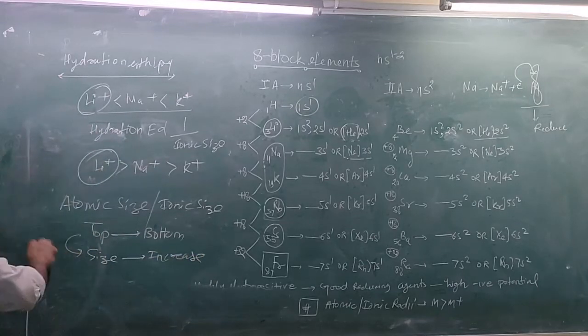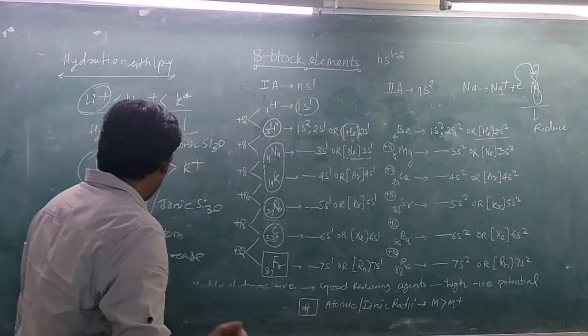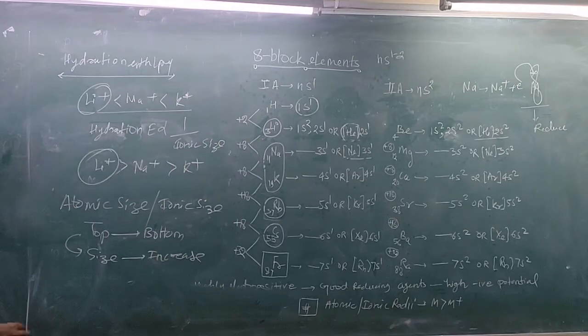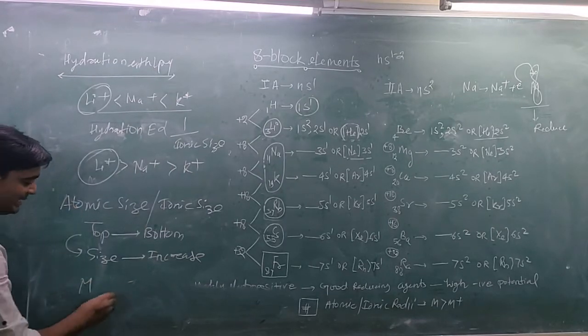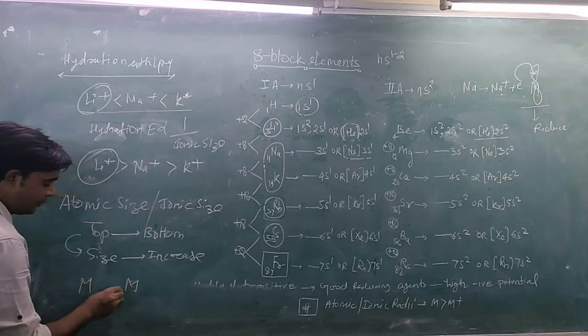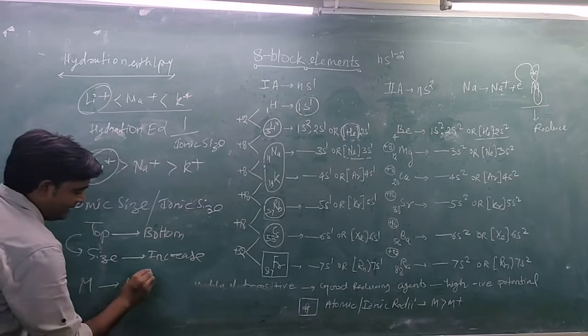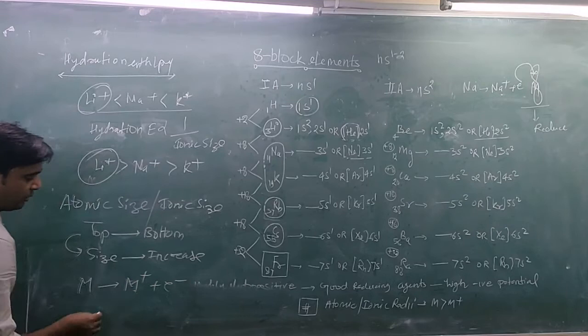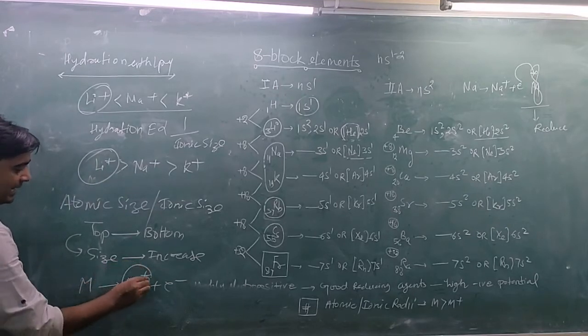Here is one point: if you have a neutral S block element and its positive ion, M positive plus an electron, which one is larger in size?